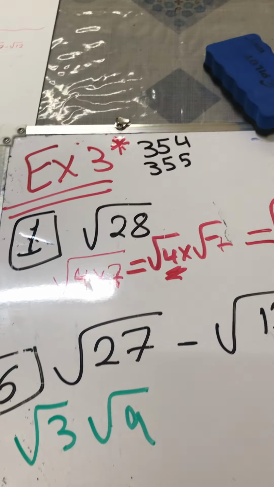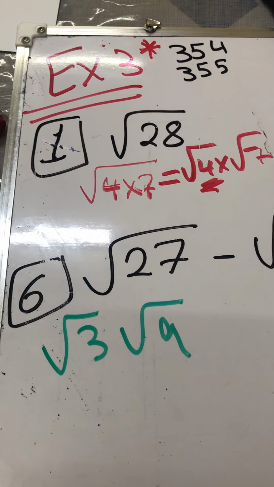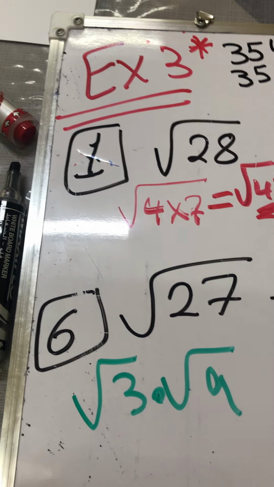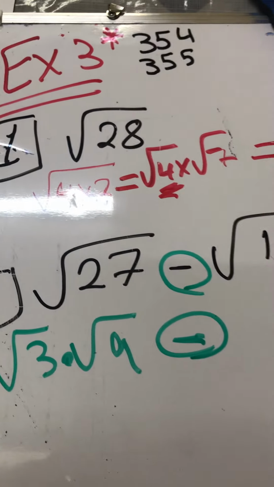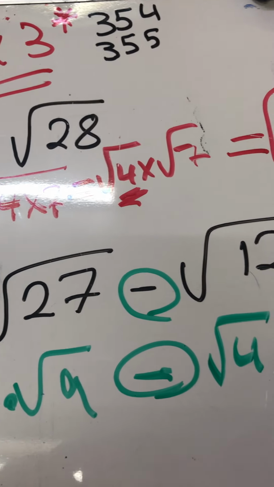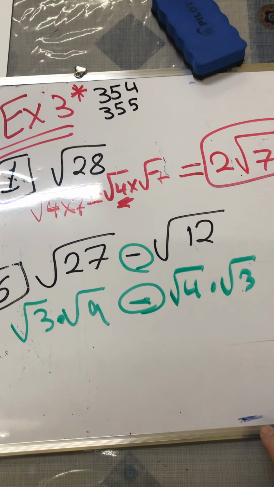You agree to make them like this? We can put them in the beginning under 1 square root, 3 times 9, and then split them into 2 separate square roots. Minus, and make a circle around this subtraction process. Square root of 12, we can make it square root of 4 times square root of 3. You agree?